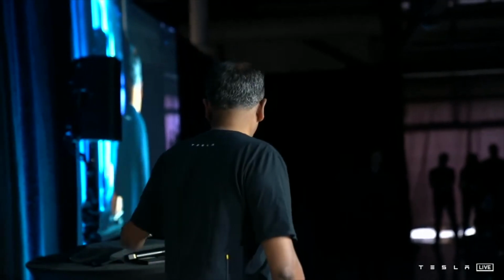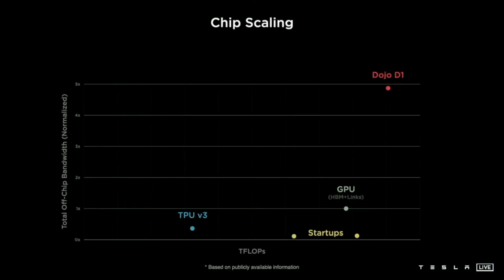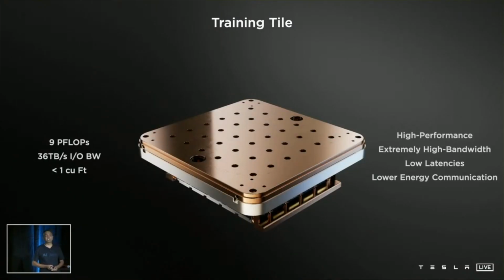If I were to plot the I/O bandwidth on the vertical scale versus teraflops of compute that is available in the state-of-the-art machine learning chips out there, including some of the startups, you can easily see why our design point excels beyond par. What it is, a 9 petaflop training tile. This becomes our unit of scale for our system. And this is real.